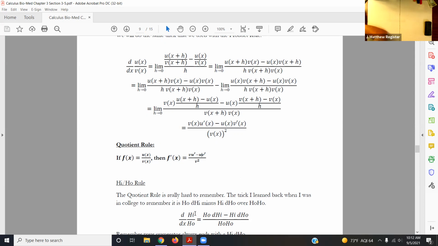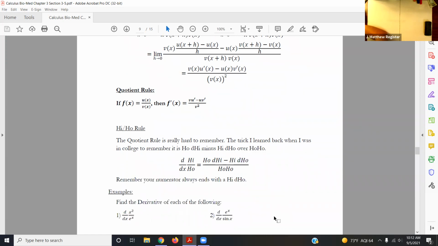You also see it sometimes as the derivative of high over low, and then it's low d high minus high d low over low low. This d high represents the derivative of the high component, the derivative of the numerator. The d low represents the derivative of the denominator.